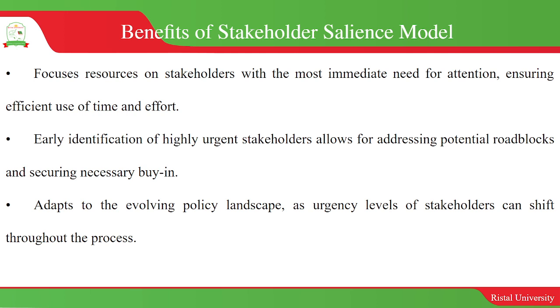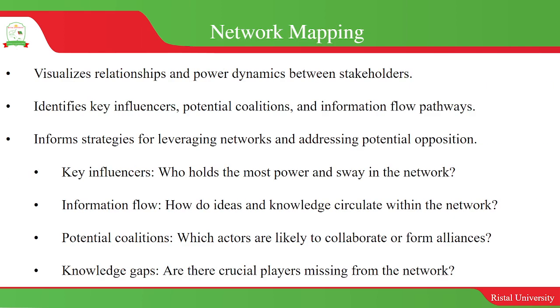You can have stakeholders who shift from one policy position to the other. So when you use this framework, you can be in a position to identify who has shifted from being secondary to being primary. You can also have those who are primary stakeholders moving into the secondary category.